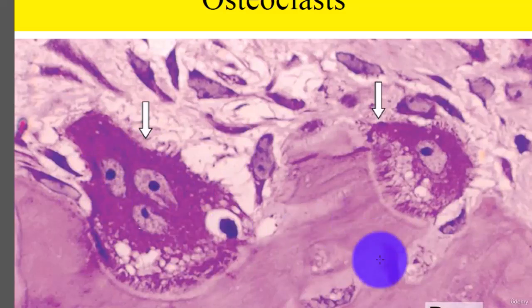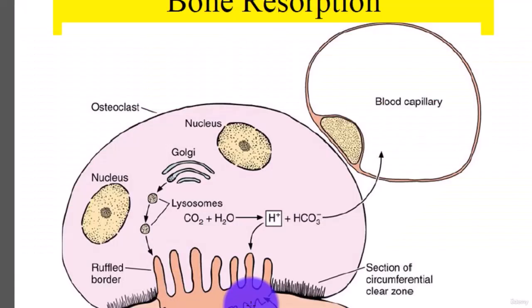Bone resorption process: secretion of calcium, clear zone, blood capillaries, microenvironment of low pH, lysozymes. This is the nucleus, osteoclast, bone matrix.